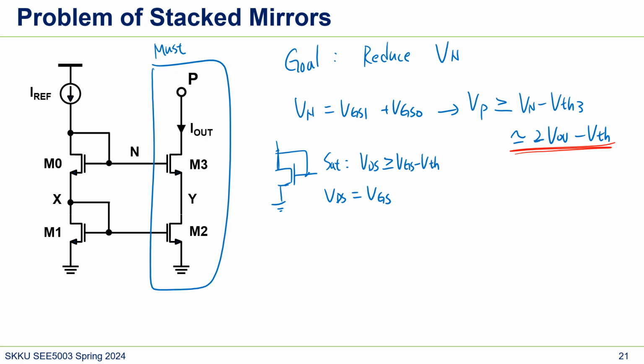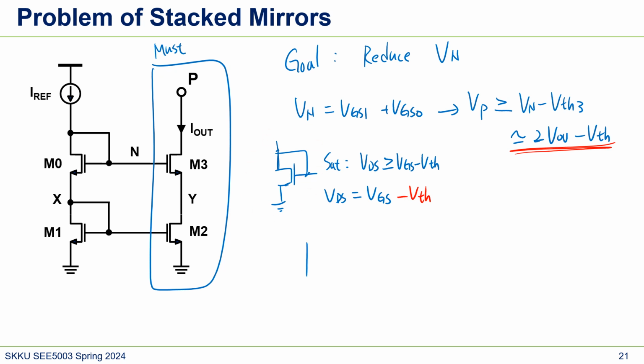That's what the diode connection provides. And now we're missing this VTH. So VDS doesn't have to be VGS. It can be lower by VTH. So we're wasting this amount of voltage in diode connection.